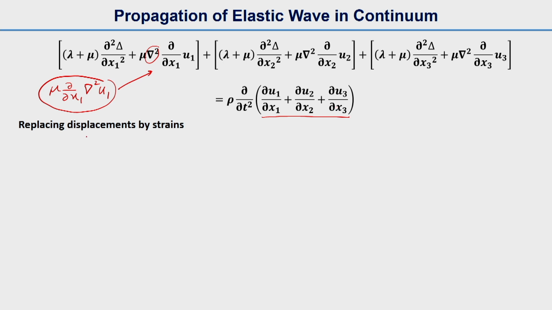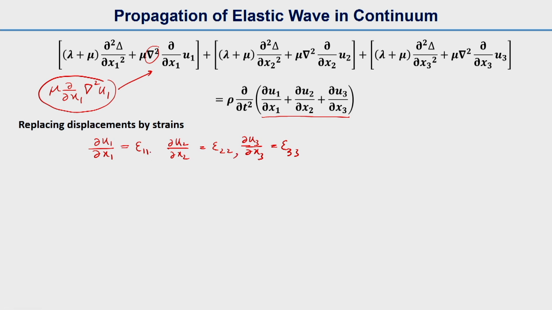And now we can replace the displacement by strains. As you know, the partial of u1 with respect to x1 will give epsilon 1, partial of u2 with respect to x2 will give epsilon 2, and then partial of u3 with respect to x3 will give epsilon 3.